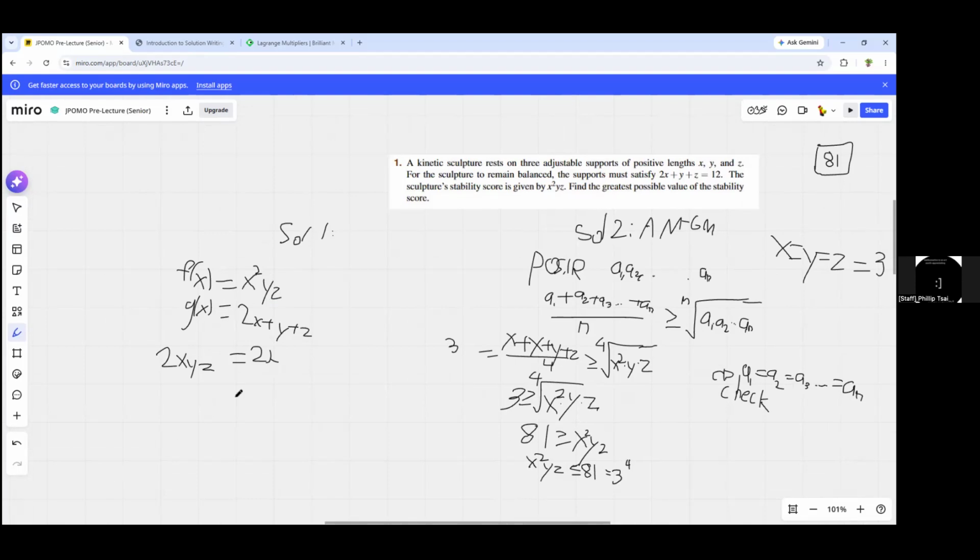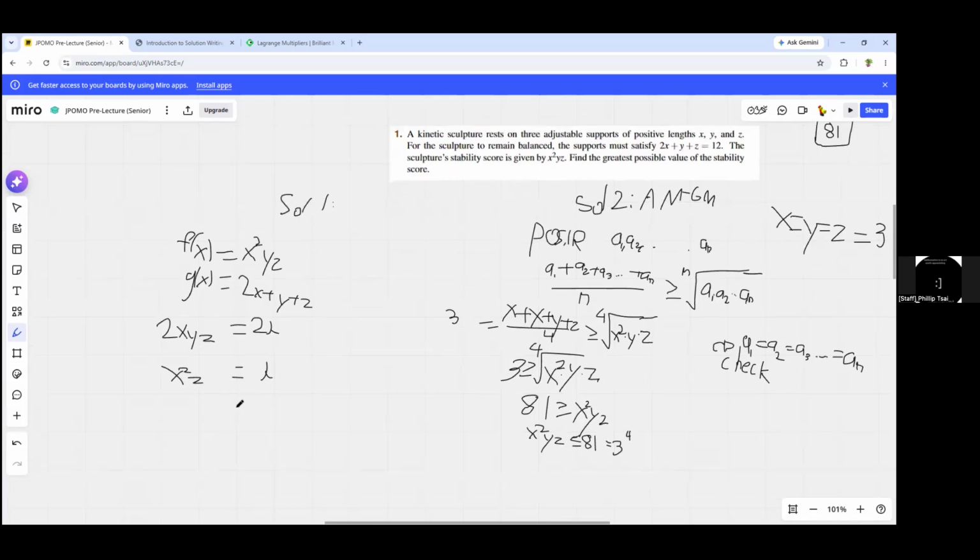And then we do this for all the other variables. So with respect to y, we have lambda is equal to the partial derivative with respect to y, which is x squared z. And then with respect to z, we have x squared y, right?